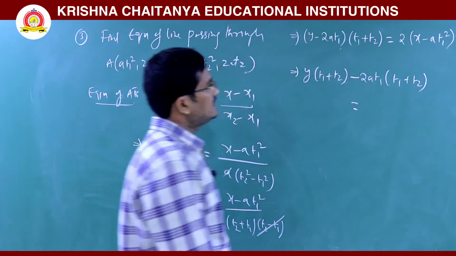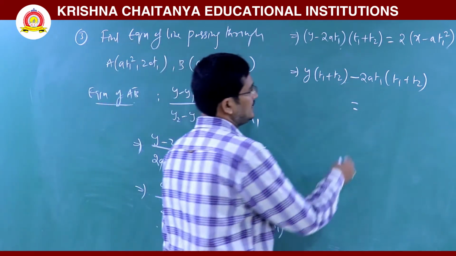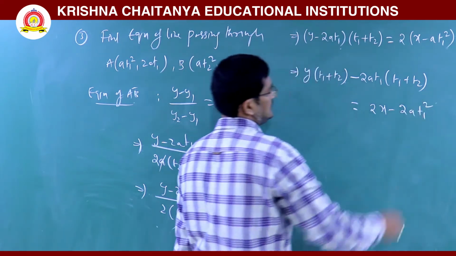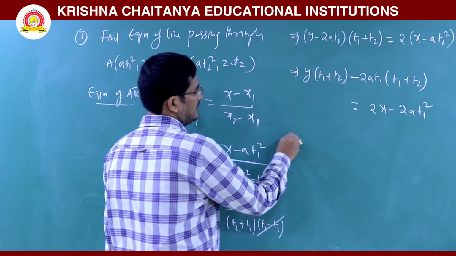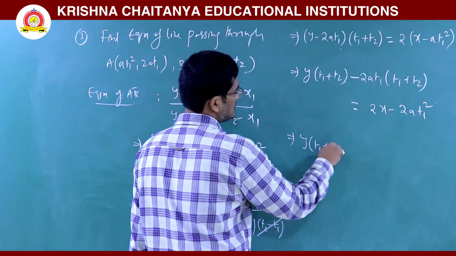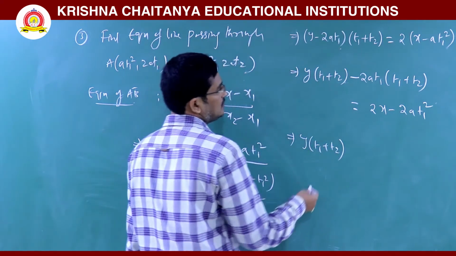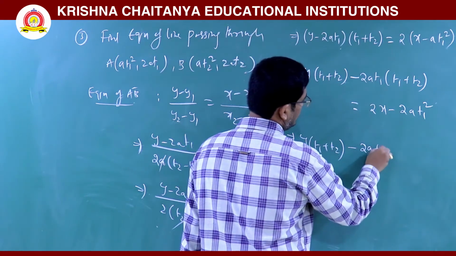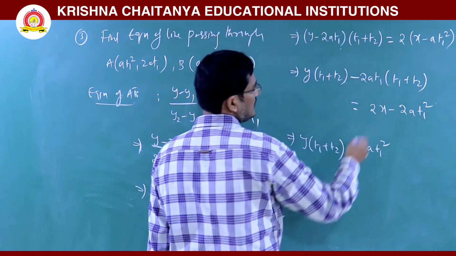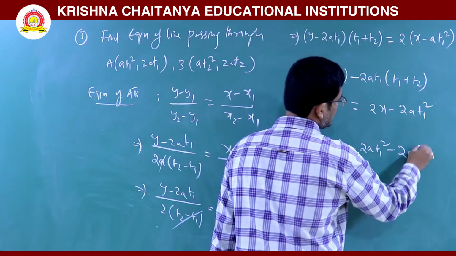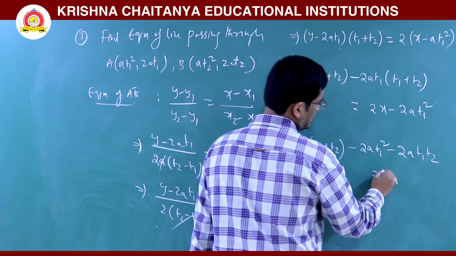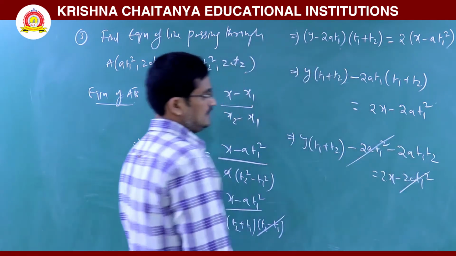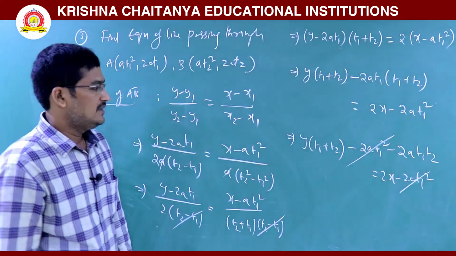equals, what is the right side? 2x minus 2at1². So y(t1 + t2) - 2at1² - 2at1t2 = 2x - 2at1². The term 2at1² is the same on the left and right sides.